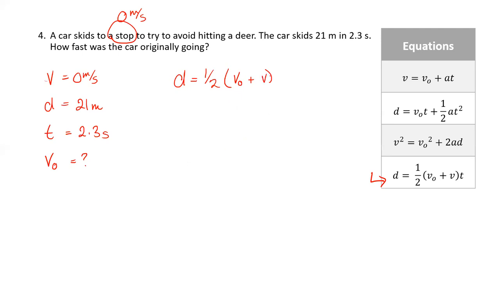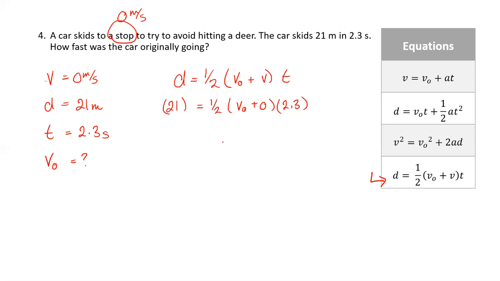Let's substitute in. Everything's in meters and seconds, so we're good. So 21 is equal to 1/2 V naught, which is what we're looking for, so we'll leave that, plus 0, times 2.3.